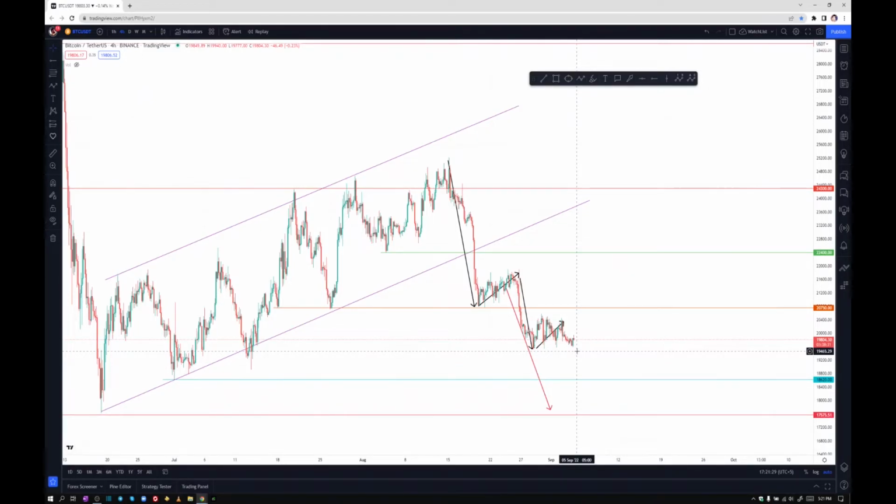Yes, there is also a possibility, let me delete the drawings for you first so things get clear. The market can go up a little bit, like this, and break this line towards the upside a little bit. Why is that? Because the market can clear the liquidity over here.